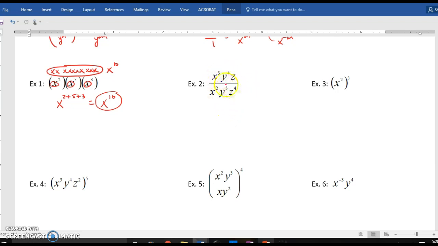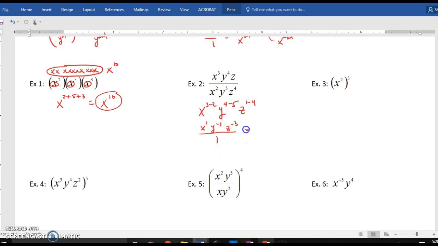So example 2 is a quotient property, right? Right away, if I have same bases, I'm going to go ahead and subtract the exponents. So x to the 3 minus 2, y to the 4 minus 5, and then z to the 1 minus 4. Now what's tough here is 3 minus 2 is 1, 4 minus 5 is negative 1, then 1 minus 4 is going to give me z to the negative third.